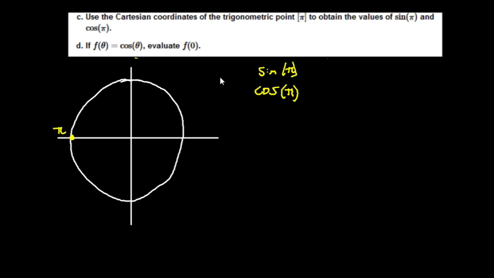And if you remember, our x coordinate is our cos, y is our sine values, and we're also sitting at the point minus 1, 0. So our x in this point is going to be minus 1, our y is going to be 0. So I can say cos of pi is going to be minus 1, sine of pi is going to be 0.